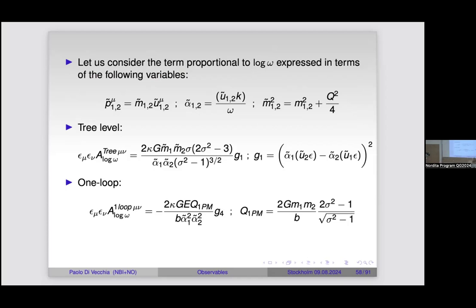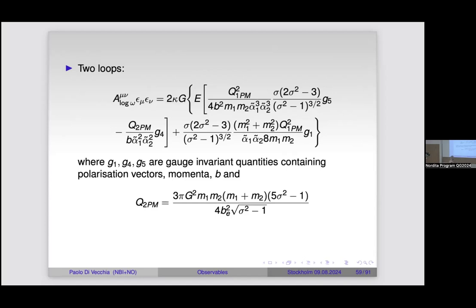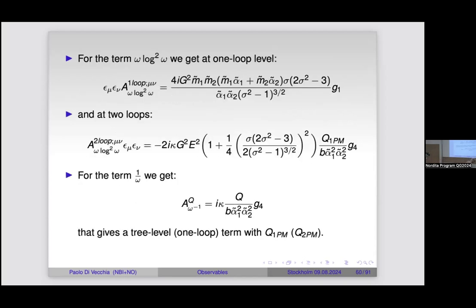And at 2 loops, I get this in terms of this gauge invariant quantity, where Q2 is the momentum transfer at 2 PM. You can do the same also for the term omega log omega squared at one loop, and that agrees with the explicit calculation, and this is the new result that one gets from the 5-point amplitude at 2 loops.